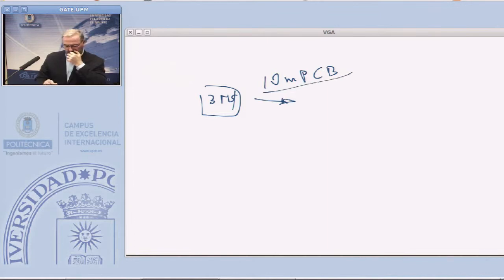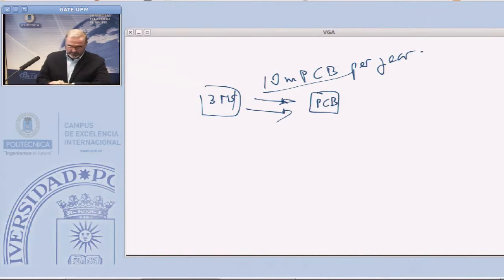This is the output per year. And then you want to calculate what is the cost that you can allocate to every printed circuit board, the cost of using this machine.